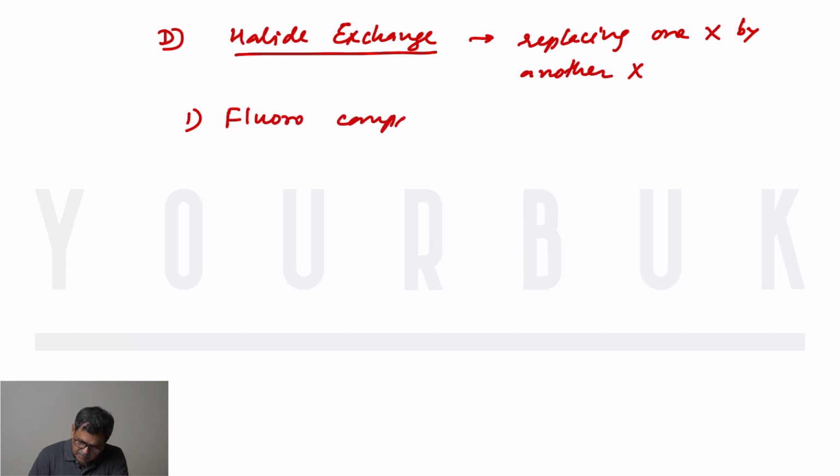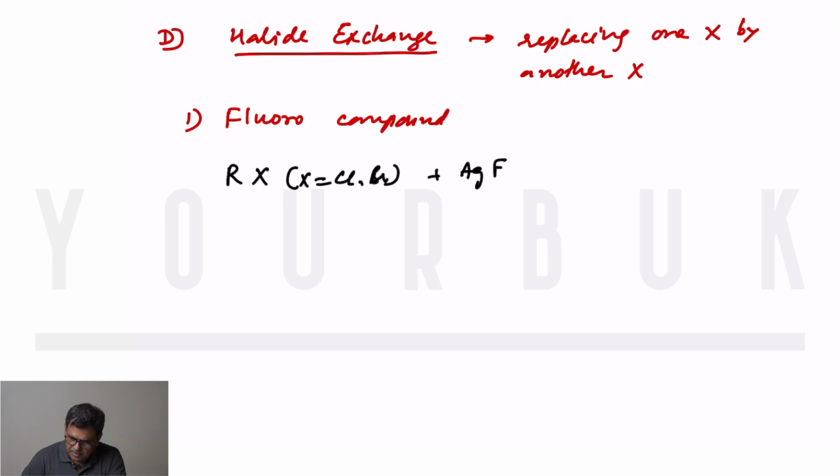In this case, what we do is react the haloalkane, where X can be chlorine or bromine, with AgF, silver fluoride. It gives RF and the side product is AgX, either AgCl, which is a white precipitate and can be removed, or AgBr, a pale yellow precipitate, which can be removed, so the equilibrium can be shifted in the forward direction.